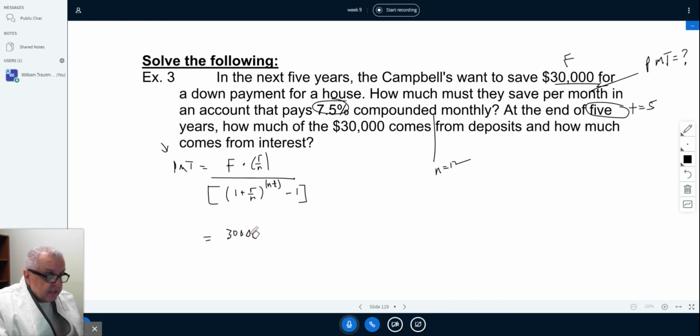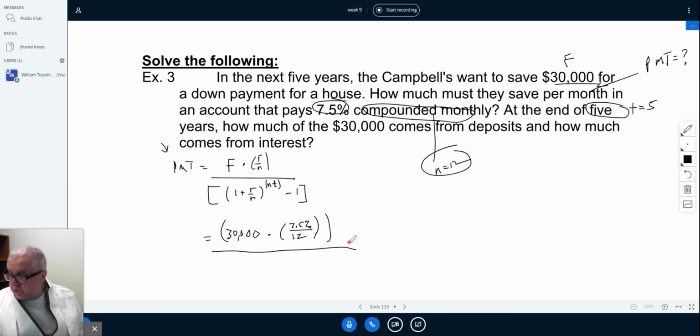So I write 30,000 up here times our interest rate, 7.5%, all divided by n. n is 12, compounded monthly, the number of times compounded. What I normally do is, if there's more than one thing happening on top, I put the entire top in parentheses. I don't think you need to do that on this calculator as long as you put everything on top of a fraction.